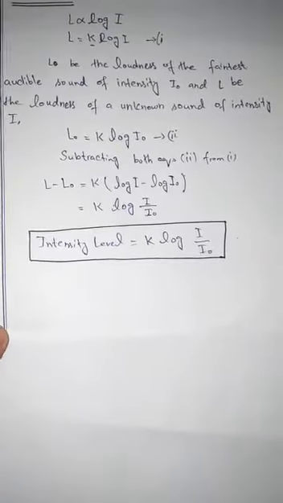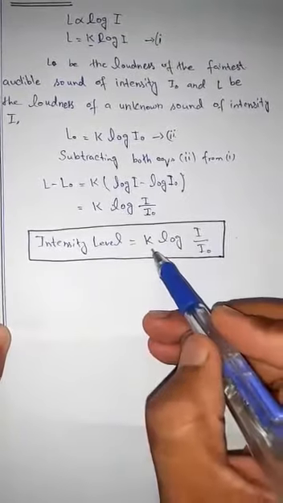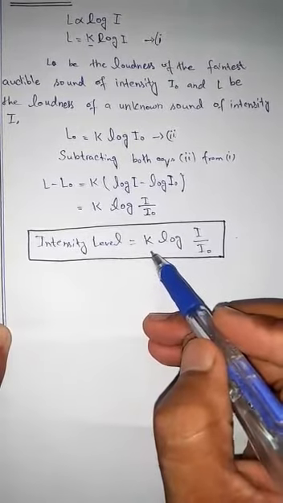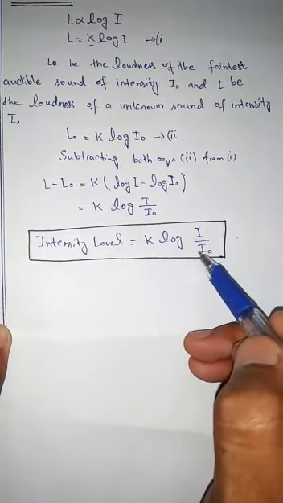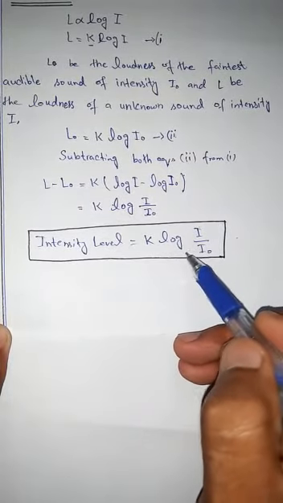Now the value of k depends not only on the units of I and I naught but also on the unit of intensity level.